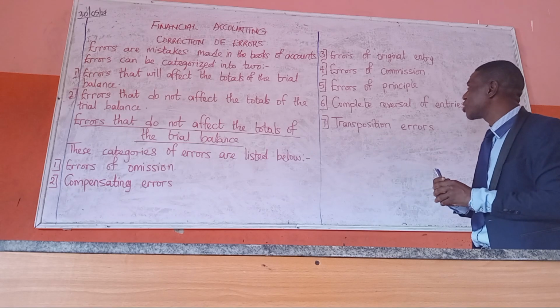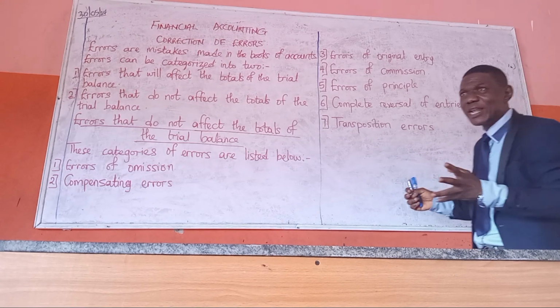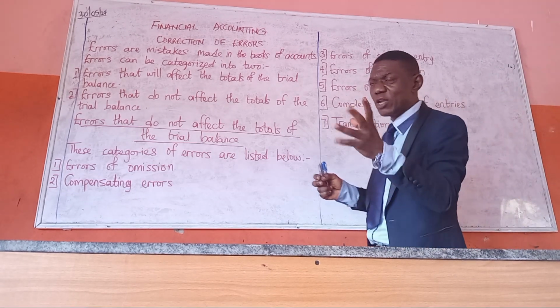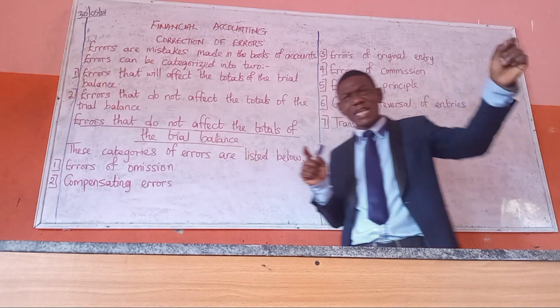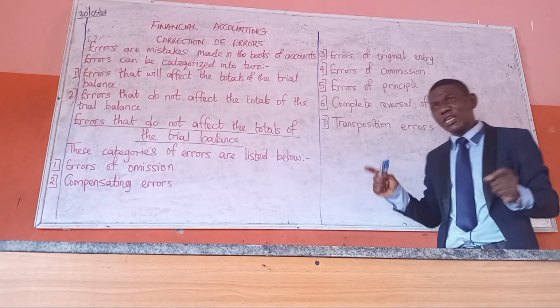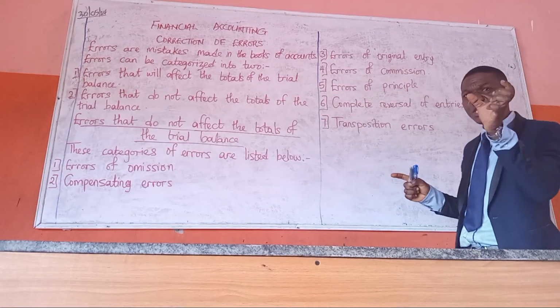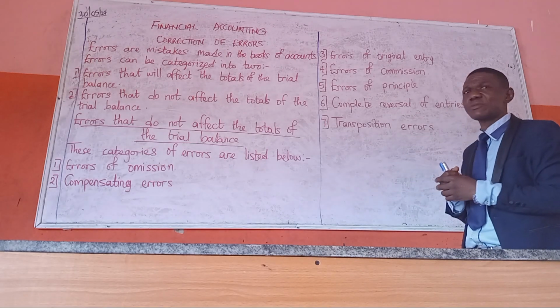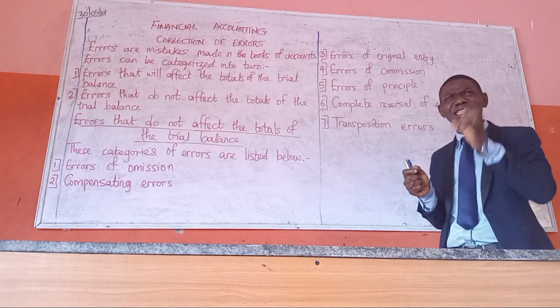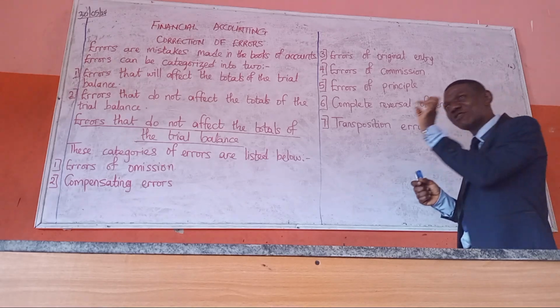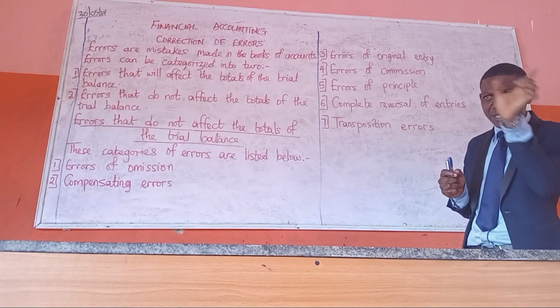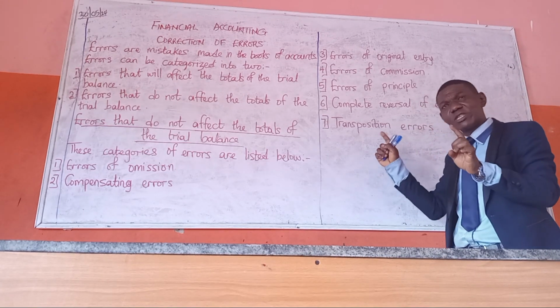Errors of original entry is talking about when a transaction is posted correctly to the correct side, but with wrong figures. That is, the same wrong figure is posted to the debit side and correctly posted to the credit side.